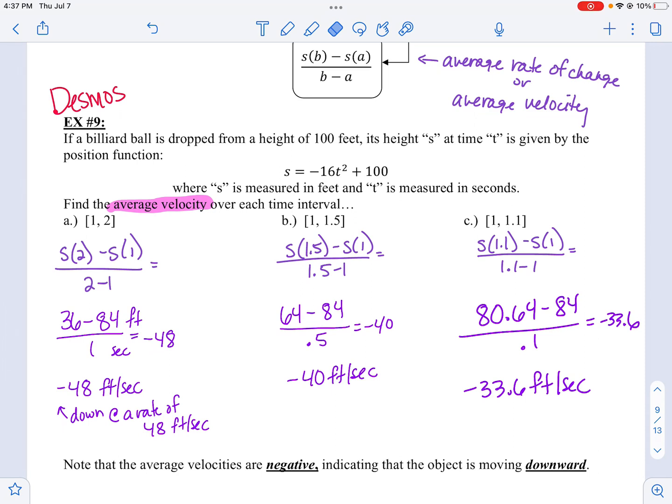So, what if we wanted to figure out how fast the ball was falling at exactly 1 second? This is where we're going to use the idea of derivatives and instantaneous velocity to help us figure out what's happening at exactly one moment in time, not over a time interval anymore. So not an average velocity or rate of change, but an instantaneous velocity or rate of change. We'll talk about that in the next video.